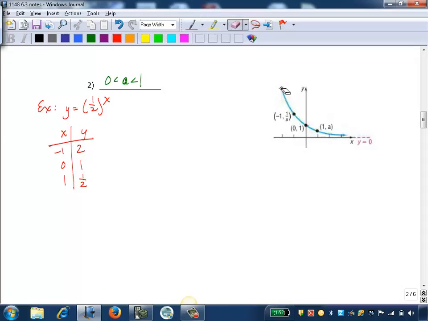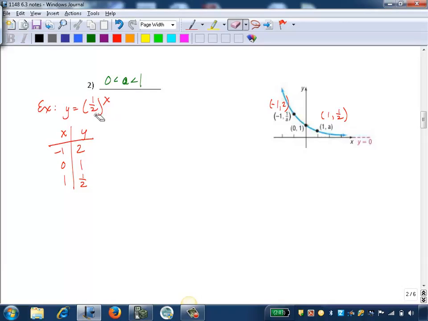If we go over on this general example here, here's negative 1, 1 over a. Well, our 1 over a is actually 2, so this is negative 1, 2. Here's the 0, 1 that we got. And here's the 1, a. Well, our a is 1/2, so this is our 1/2. Again, we still have that same ramp shape, except now it's a decreasing ramp shape because that growth factor was between 0 and 1.